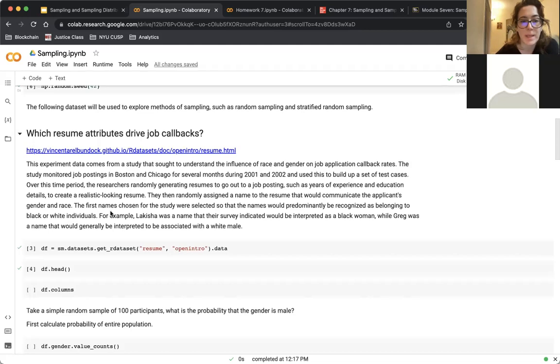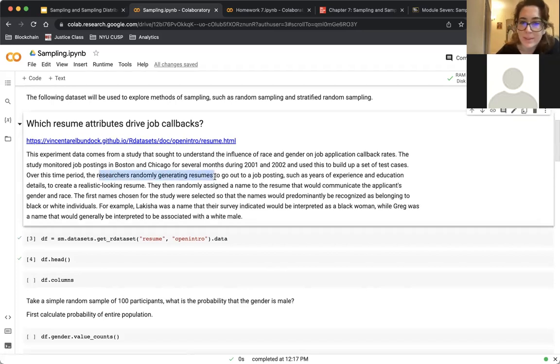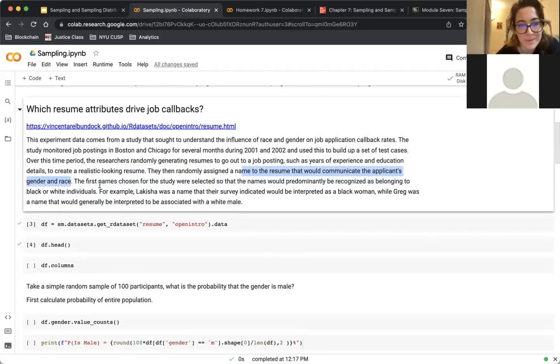So this was a study done for job postings in Boston and Chicago over several months, and they built up different test cases, and the researchers randomly generated resumes to go out to a job posting using different aspects of experience, education, and then randomly assigned a name that would essentially communicate the applicant's gender or race.